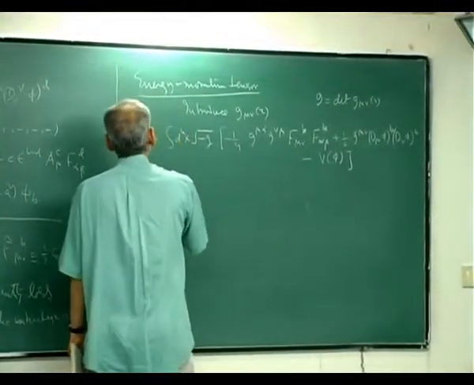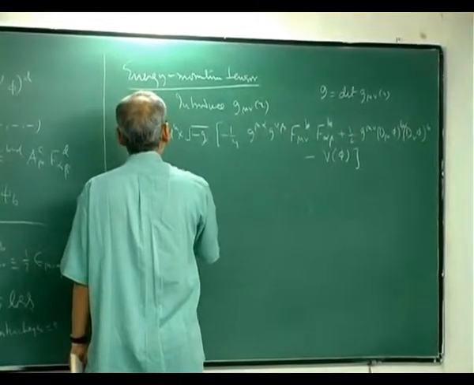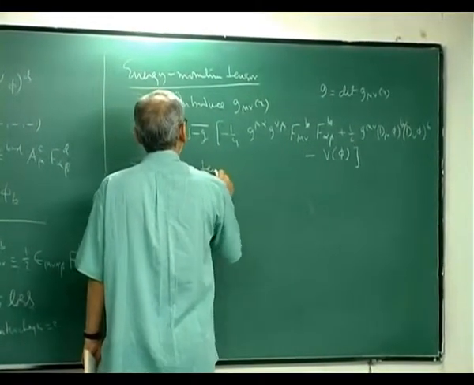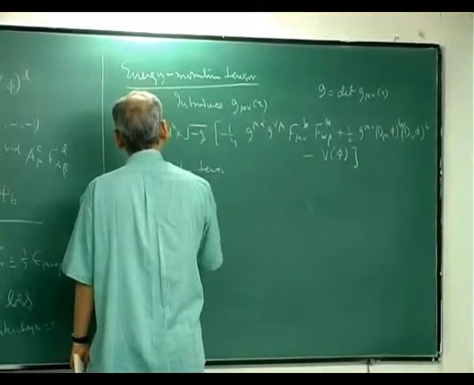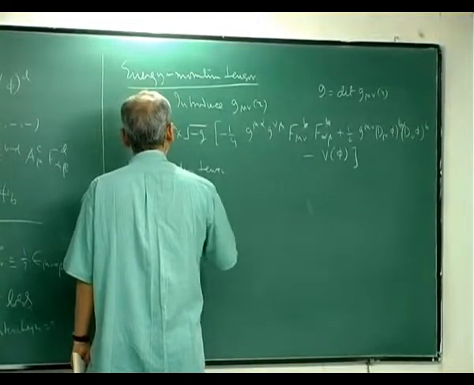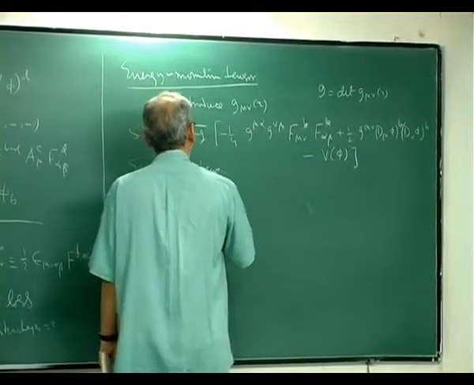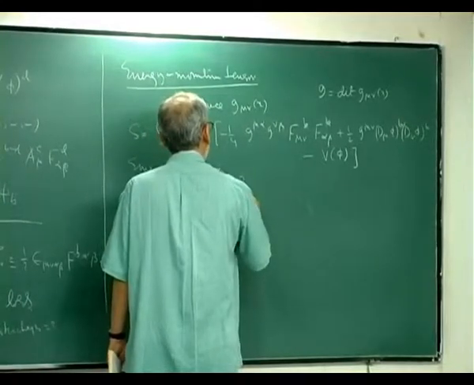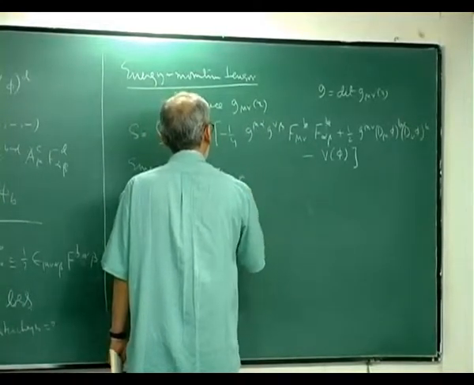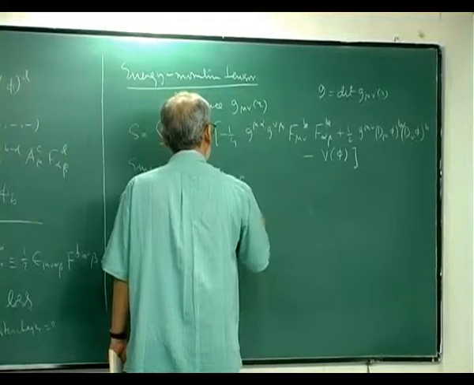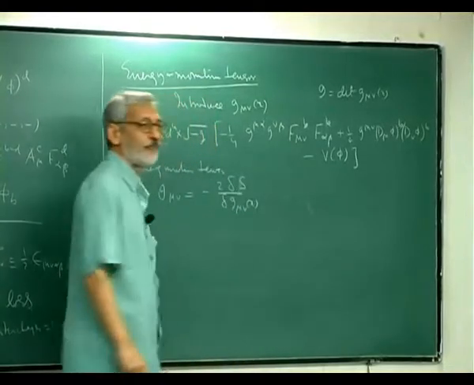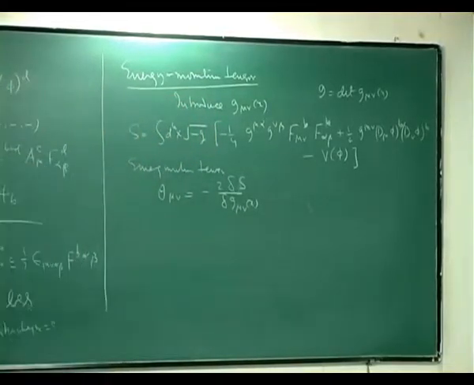Then the energy momentum tensor can be calculated, and let me call it theta mu nu, by calculating the variation of this action with respect to G mu nu x.